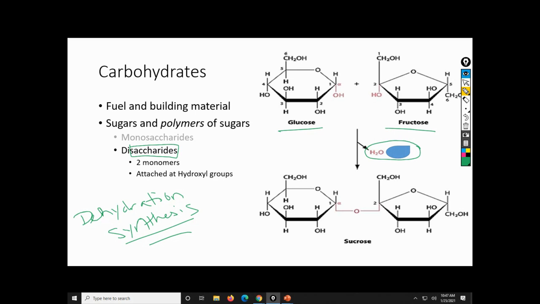Okay, so again, if we would picture this as Janet and Carl, okay, the key here is this is going to happen at our, now we know the term, our hydroxyl groups. So I'm going to find a hydroxyl group on Janet and a hydroxyl group on Carl. I know I need to pull off that water.